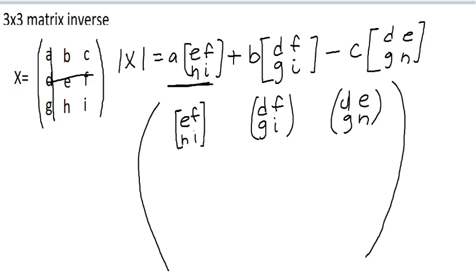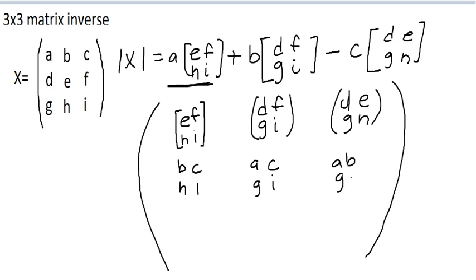What's left is B, C, H, I. Here again, cancel it out. What's left is A, C, G, I. In this case, A, B, G, H.